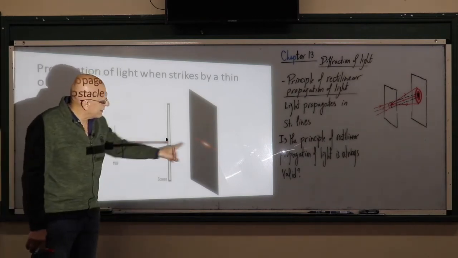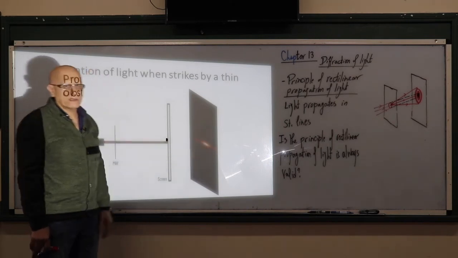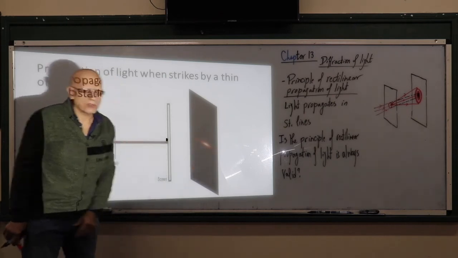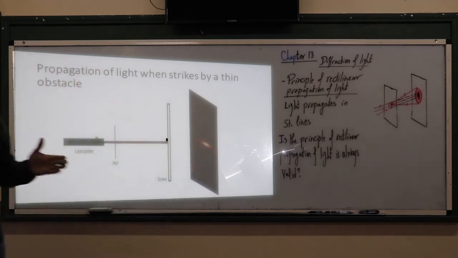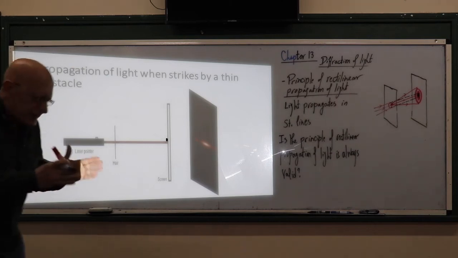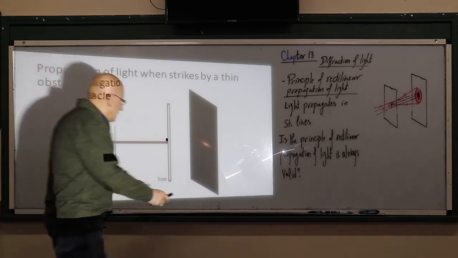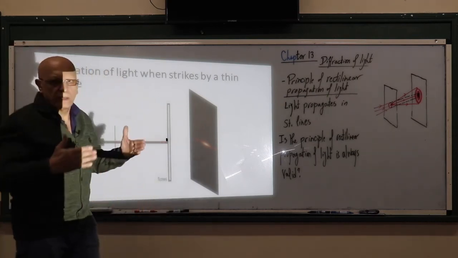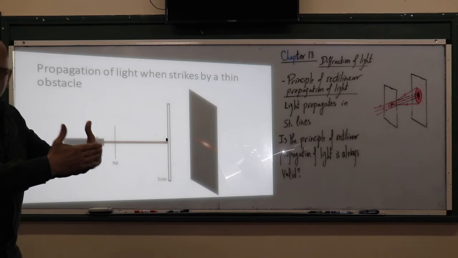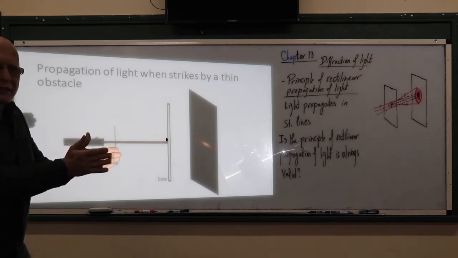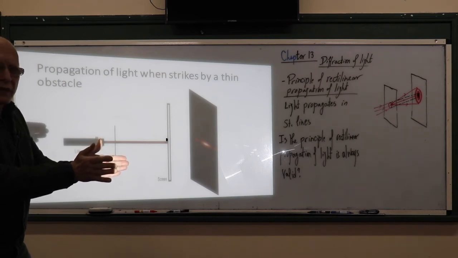Behind the hair there is a spot of light, and around the hair there are spots of light. Yani this means that light has deviated at the edges of the hair, and part of it deviated behind the hair, and part of it deviated away from the hair.